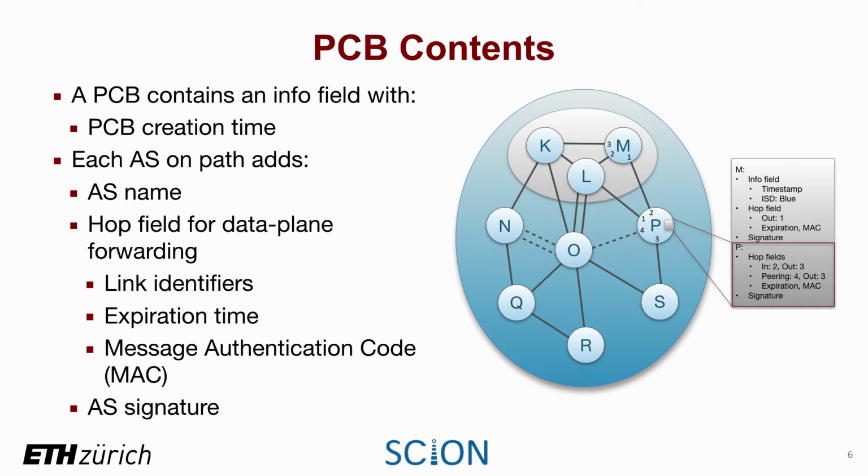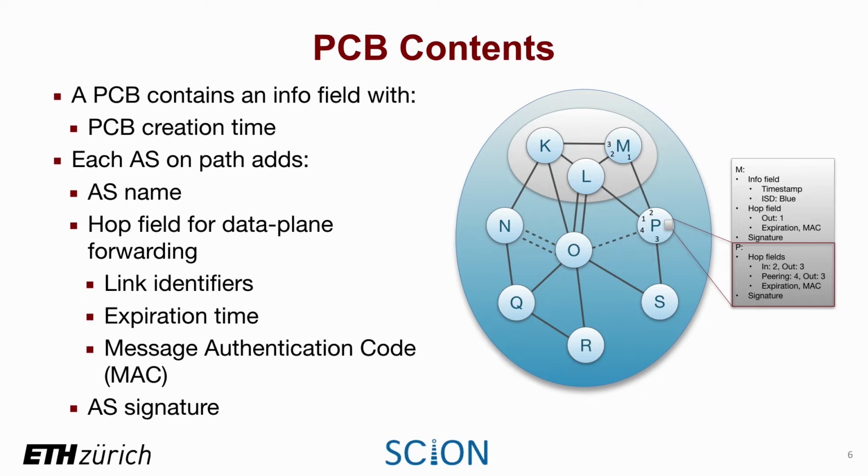Also, AS P adds a peering link, and in this case it states that the peering link exits on interface identifier 4, and the PCB is continued to send on AS 3. We'll see later how these peering hop fields are being used to send packets across peering links.